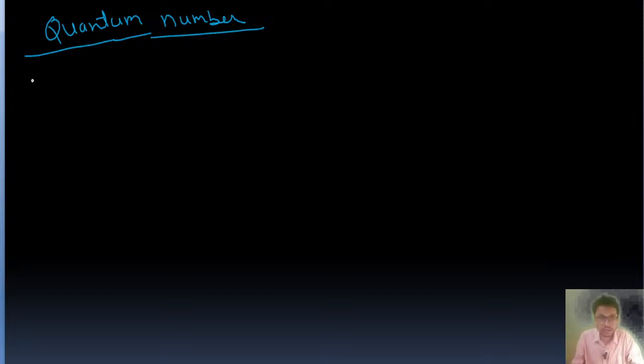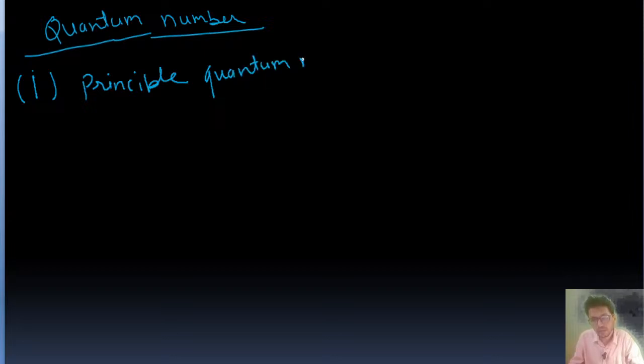First is the principal quantum number. It is represented by n, and it represents shells.